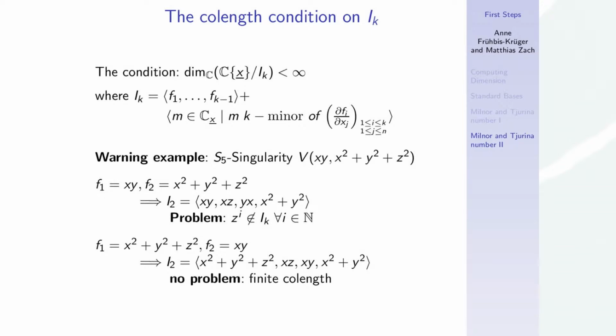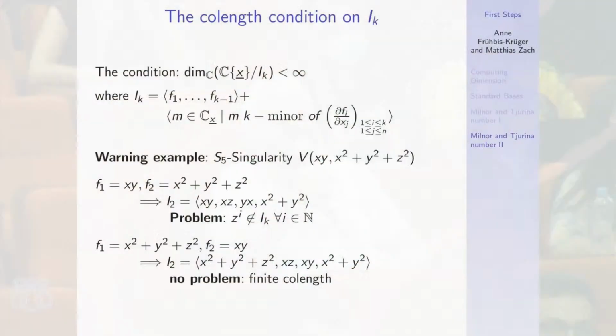And we also have a z squared in here. And this is indeed of finite co-length. Of course, what helped in this particular example doesn't help in general, but it helps to take a sufficiently general linear combination. Was there a question in the audience?